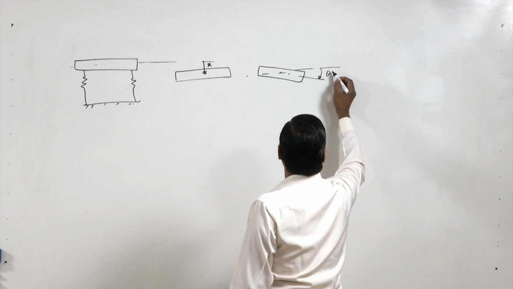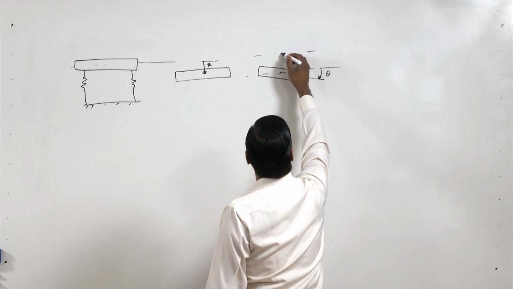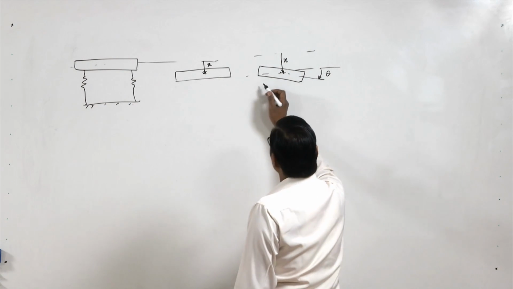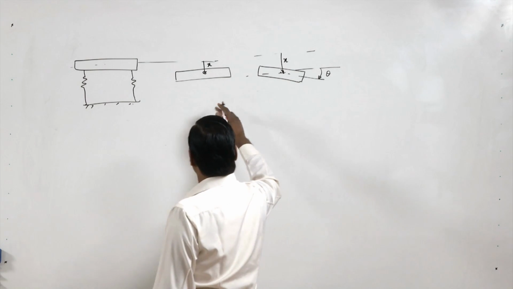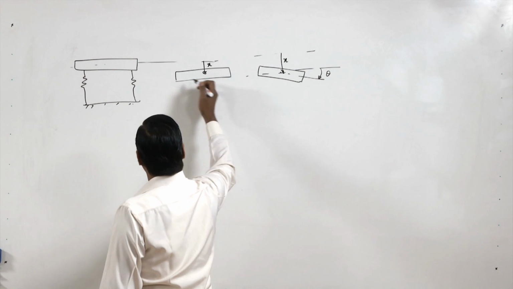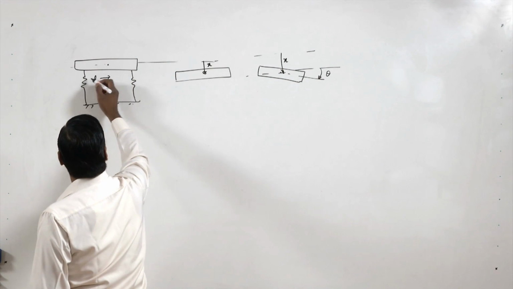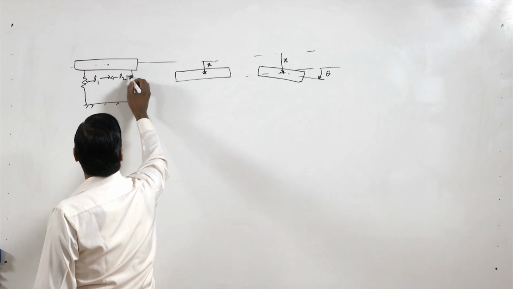So this is theta and this is x. Now we have these springs K1 and K2, and this distance is L1, L2 here.